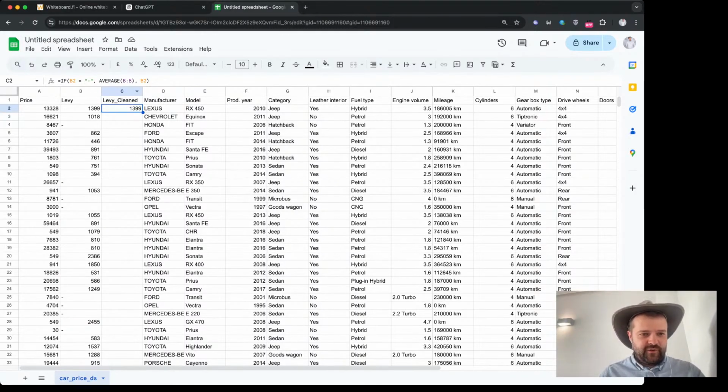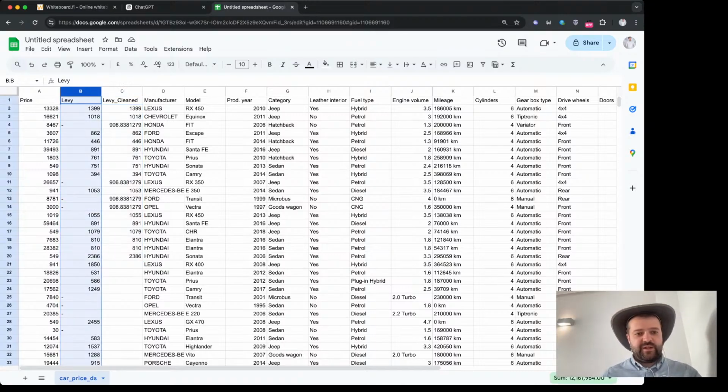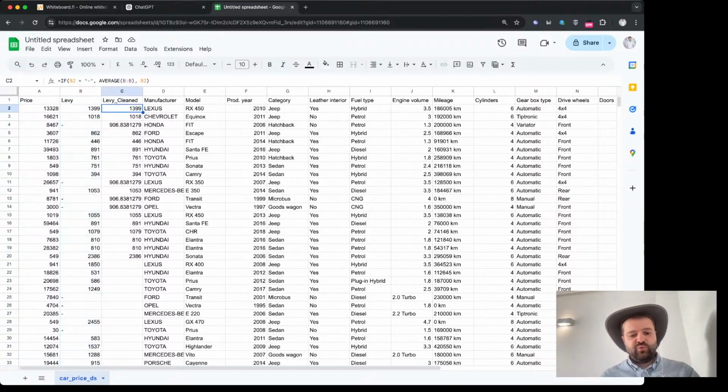And if I try to extend it, you see I get the values nicely filled. After I do this, I would then convert this back to hard-coded values, so they would not depend on the previous column, and then I would delete the previous column. That would be the standard way to handle missing values manually.